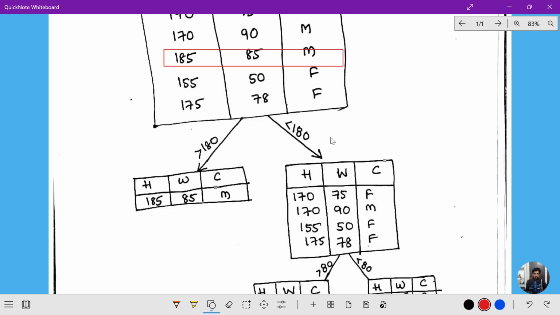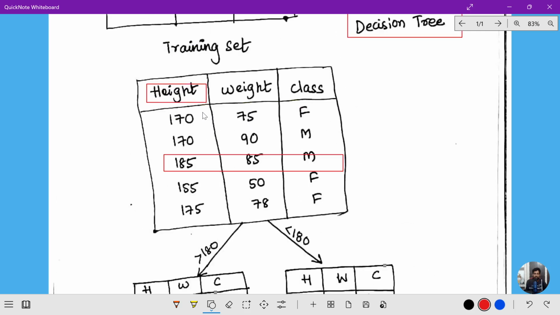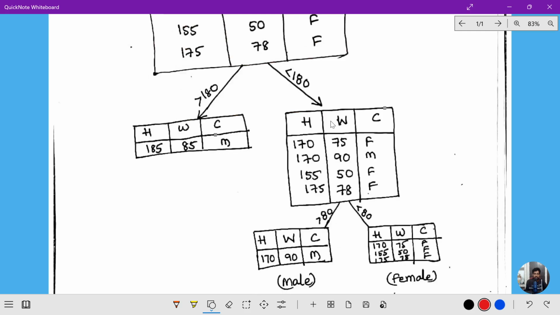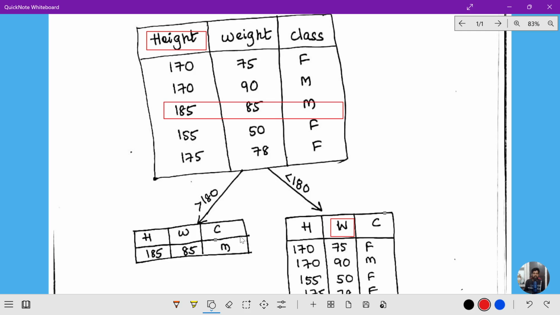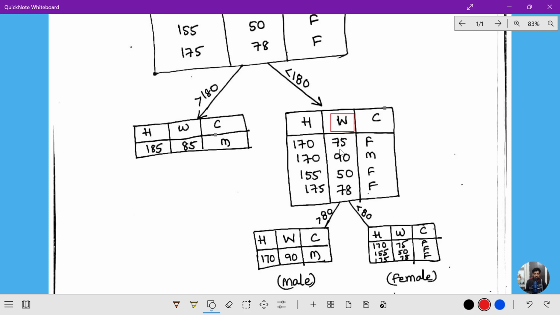Now I am going to say greater than 80 is called male. In the first, the parameter is height, but in this, the parameter is weight, because after completion of height we received one diagram, but it does not cover all. So to cover everything we are going to use weight as the parameter.